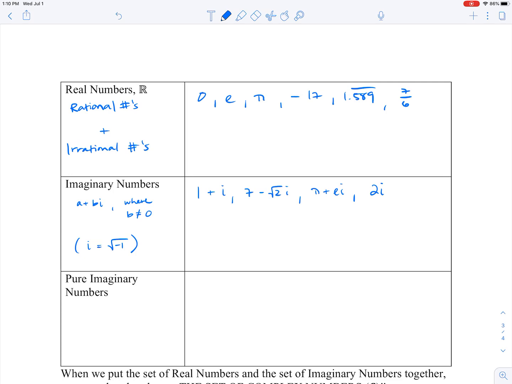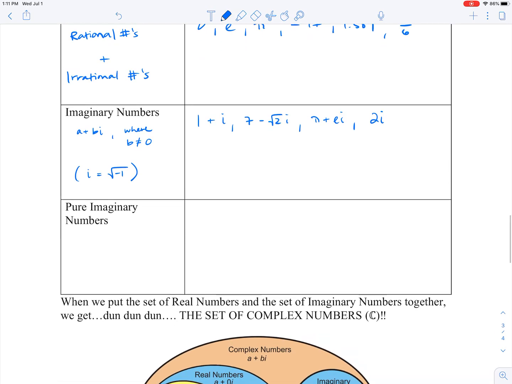So no real number is an imaginary number. The real numbers are not a subset of the imaginary numbers. If there is an i in a number, then it is an imaginary number and not a real number. However, a subset of the imaginary numbers, we could say, are the pure imaginary numbers.